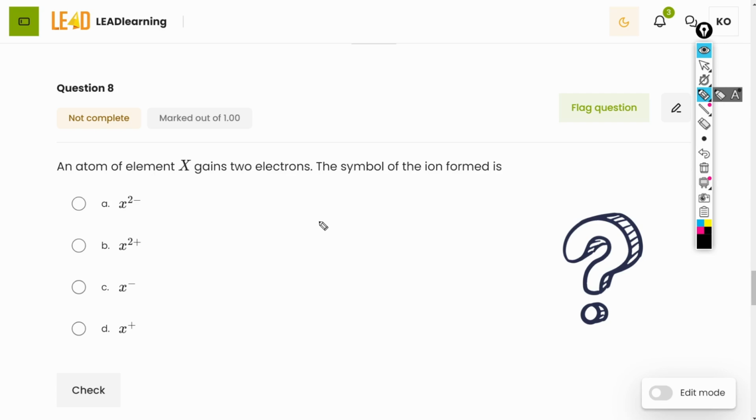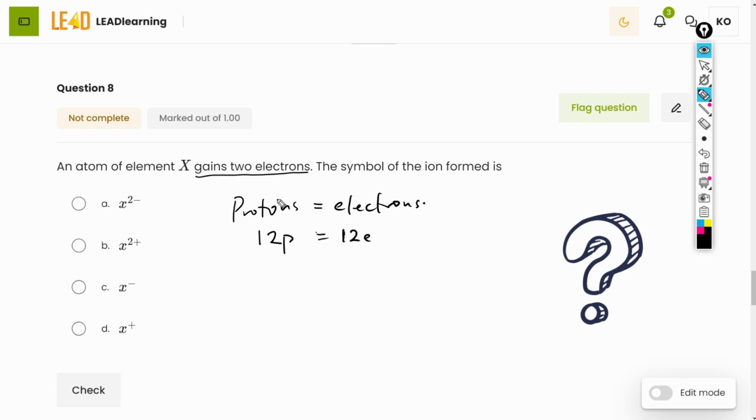Question 8. An atom of element X gains 2 electrons. The symbol of the ion formed is, now in every atom, the number of protons is always equal to the number of electrons. So let's pretend that this element X has 12 protons. It also means that it's going to have 12 electrons.